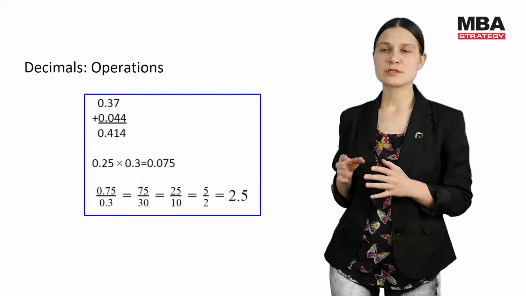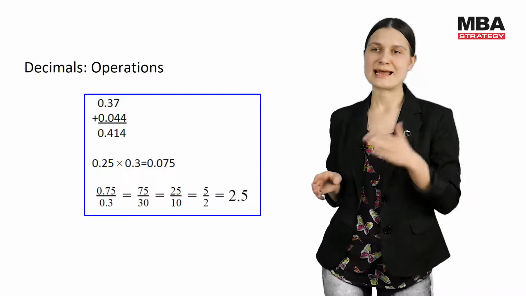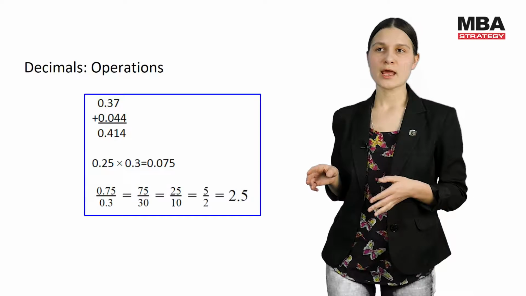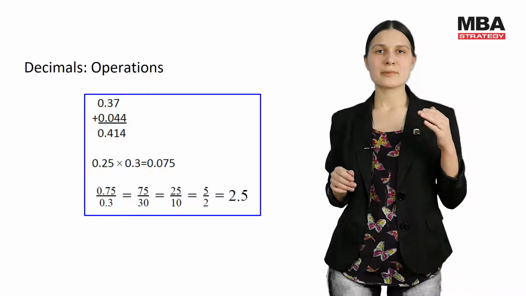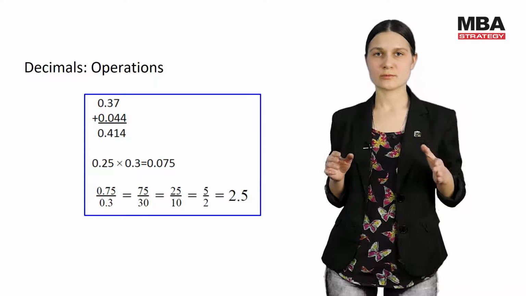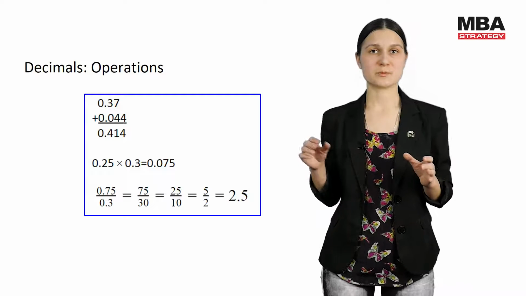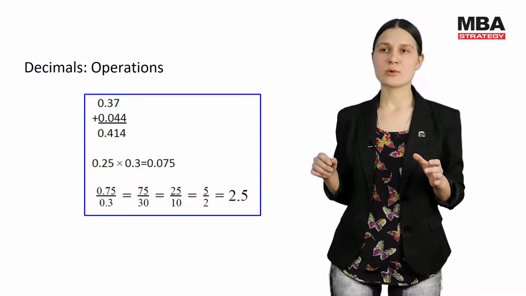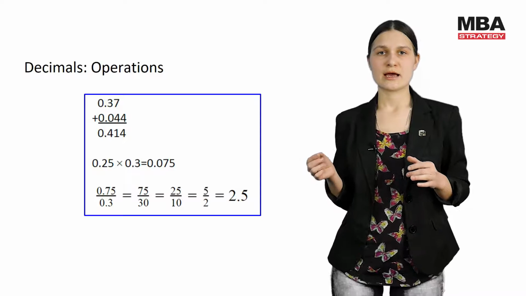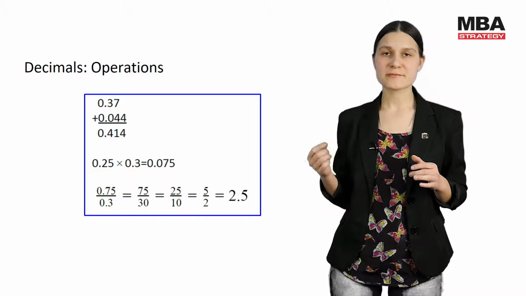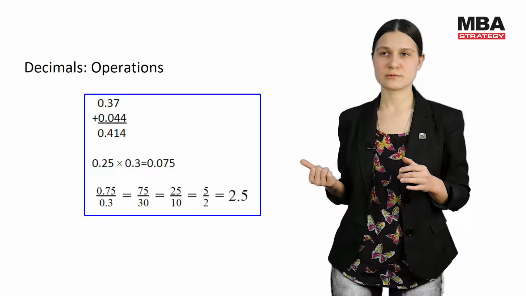So if you need to add two decimals, for instance 0.37 and 0.044, write them one under the other, because it will make it easier not to lose any decimal place. So we first add 4 and 0, because on the thousandth place there is nothing in the first number, so it's just 4.